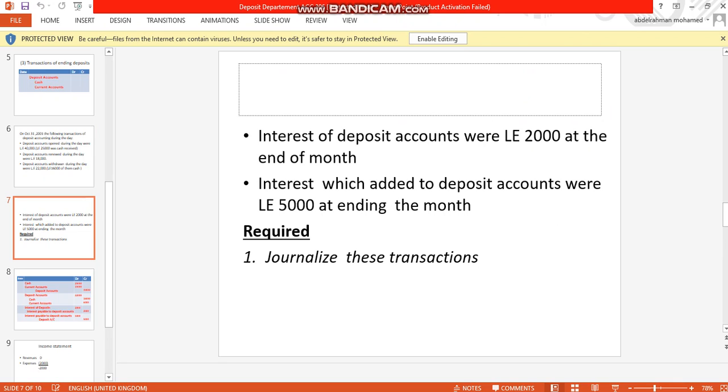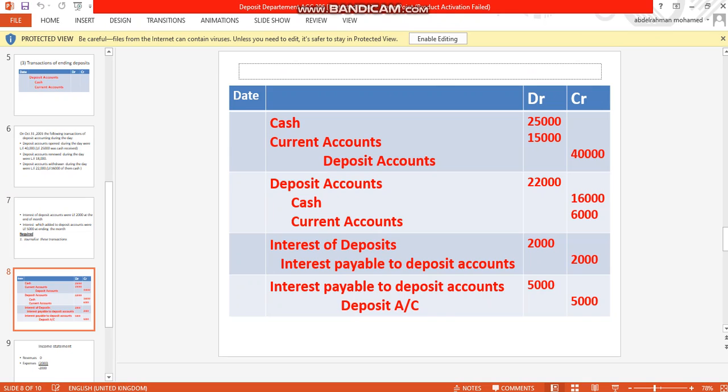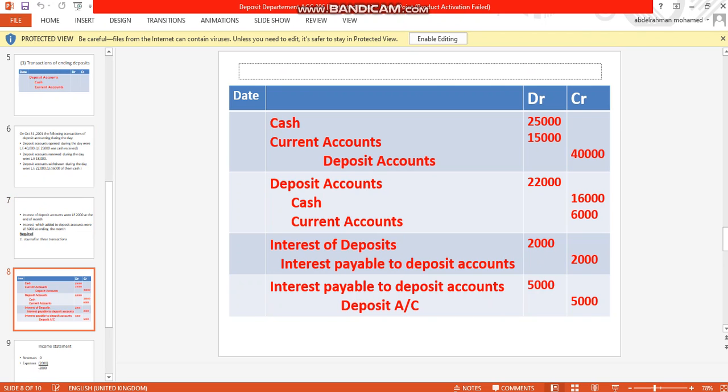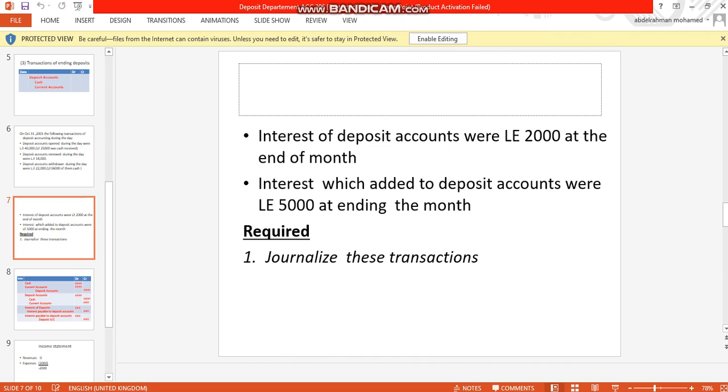First journal from interest of deposit by interest payable to deposit account, and when the customer received the amount, from interest on deposit account by cash, or by deposit account. But in this example, he didn't say how the customer received the amount of the interest. So we will make only one journal.